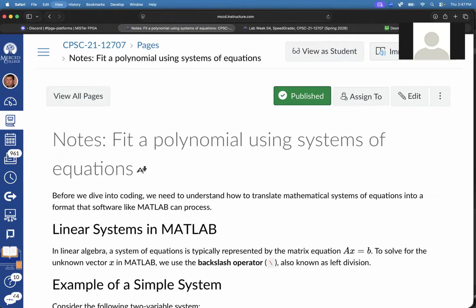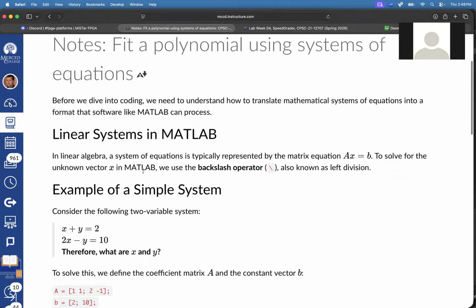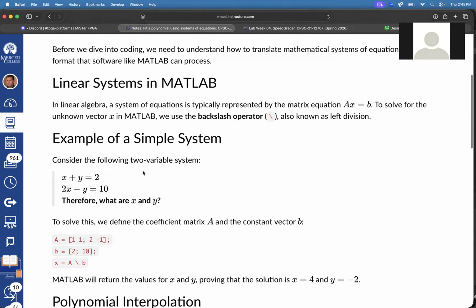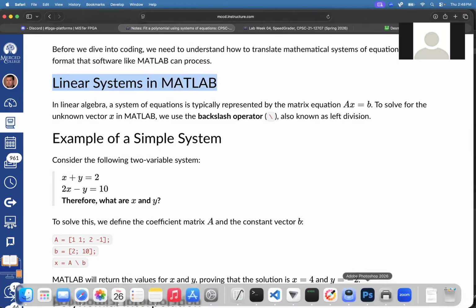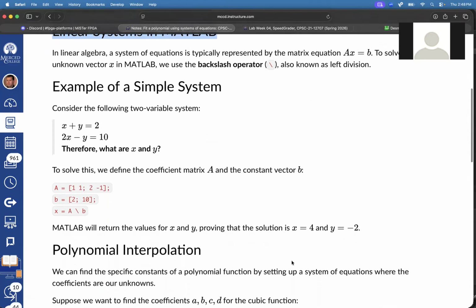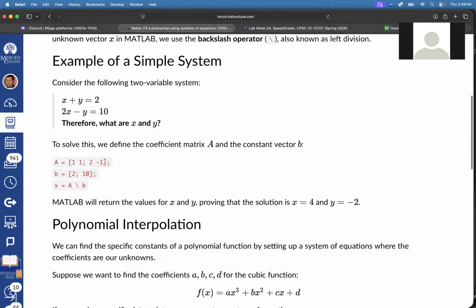I'll make them bigger. Now, what you should already know how to do before we start here is how to represent a linear system of equations in MATLAB, because that was gone over last week and in the previous lecture slides. So if you don't, then this is an example of that. So here's a simple system of equations.